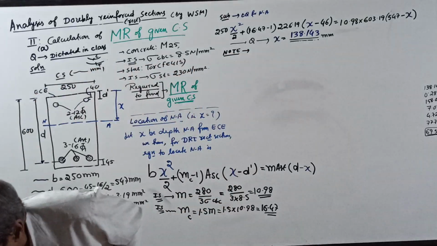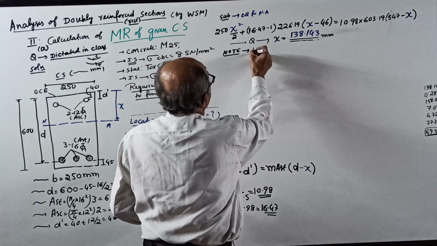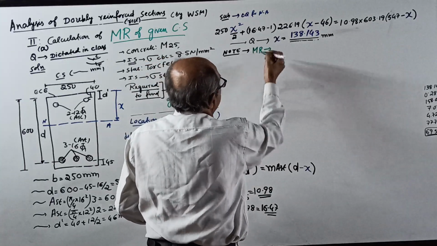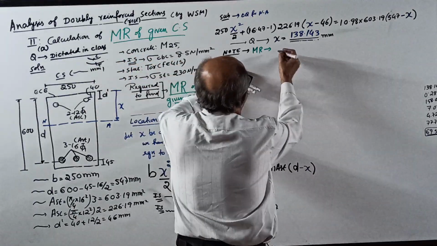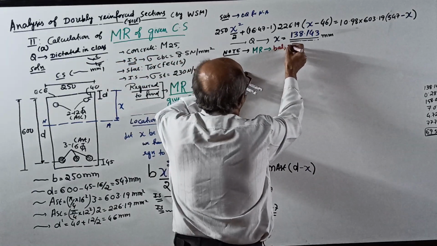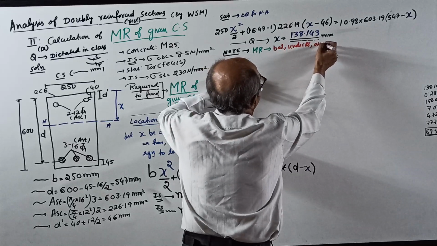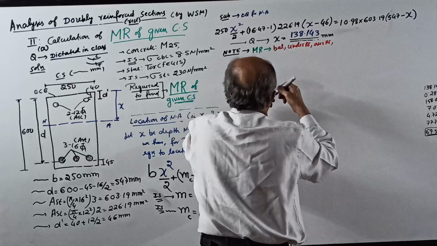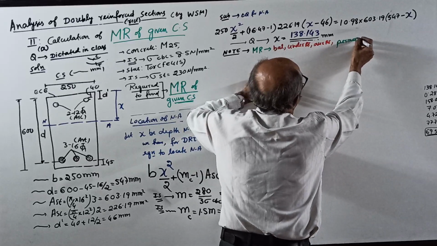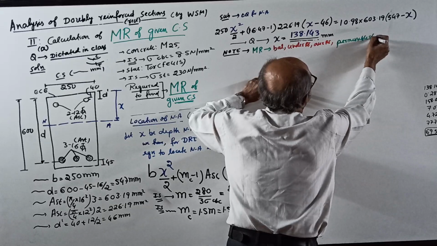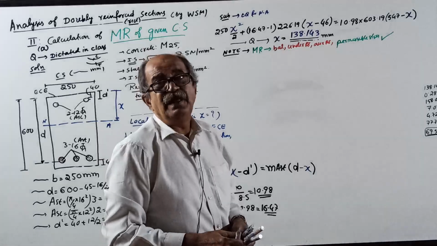This is the calculation of MR. Therefore, capacity, balanced section, under-reinforced section, over-reinforced section, and then color, permissible stress, all will come. You write that note only in a box.